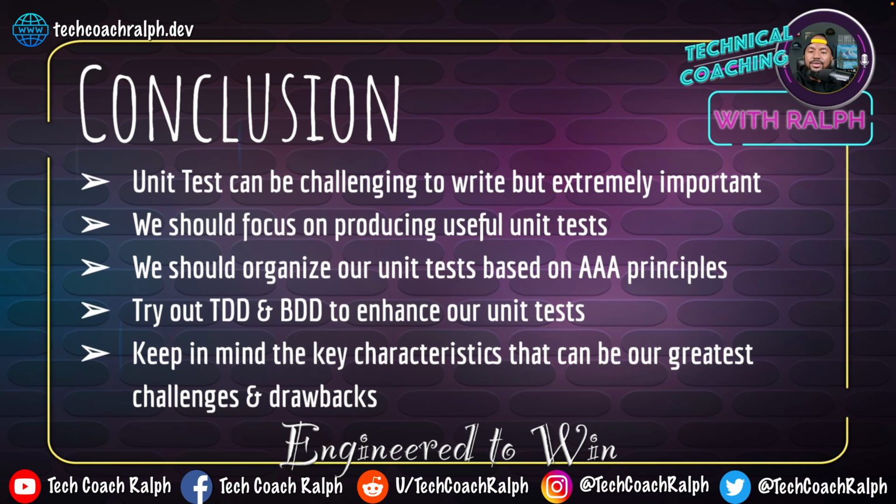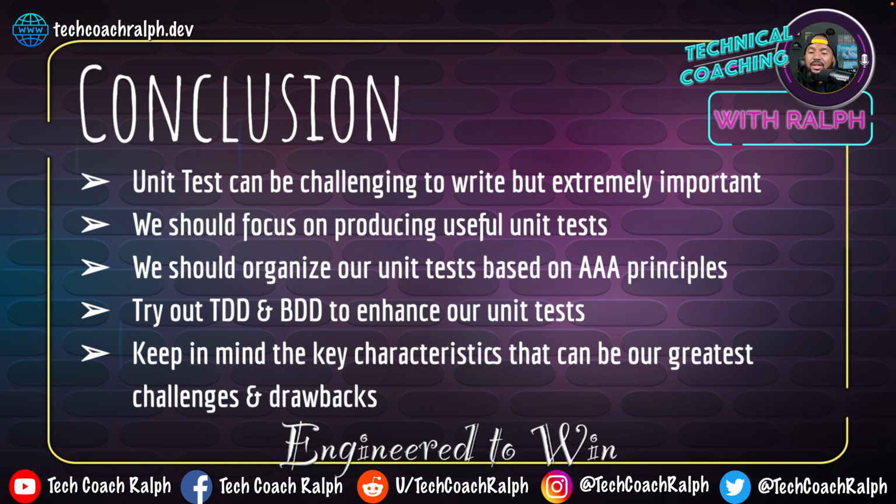All right. So in conclusion, we know that unit tests can be challenging to write, but they are extremely important. Our primary focus should be on producing useful unit tests. We're not just writing unit tests to say that we have unit tests or to try to boost our coverage numbers. We should be writing unit tests that are useful, right?